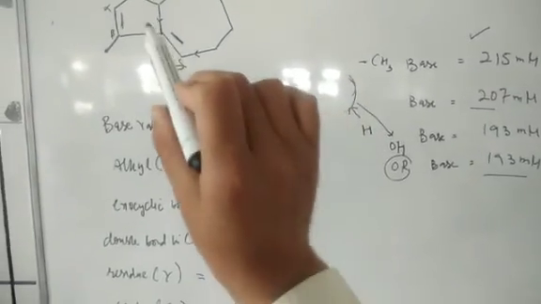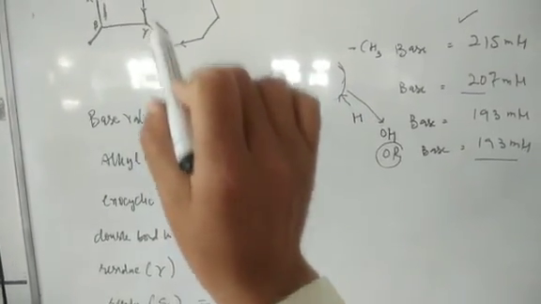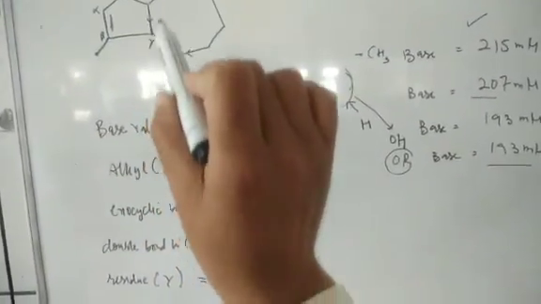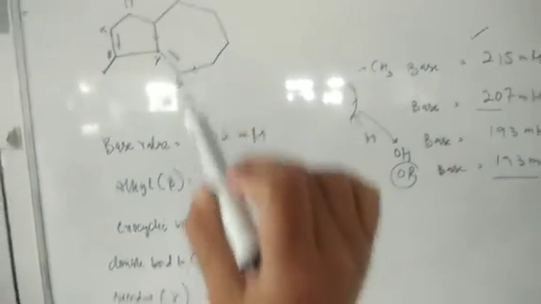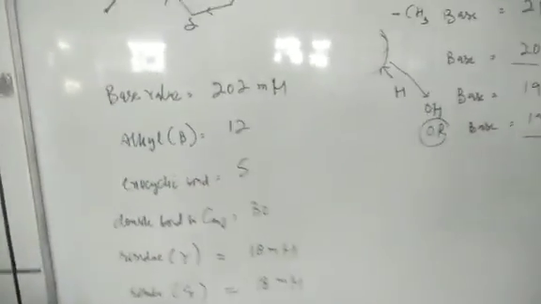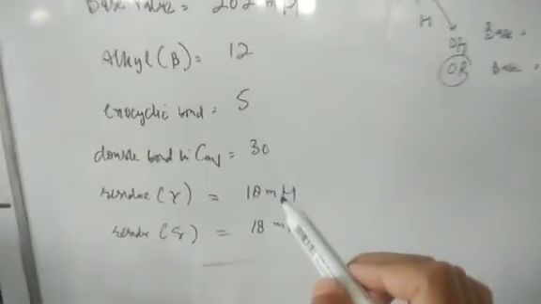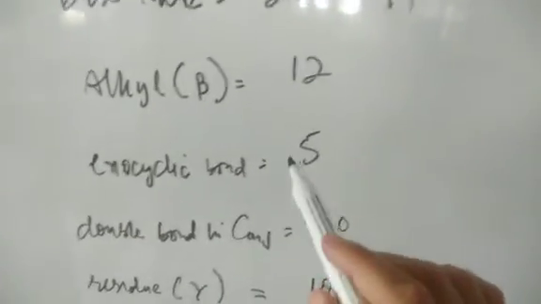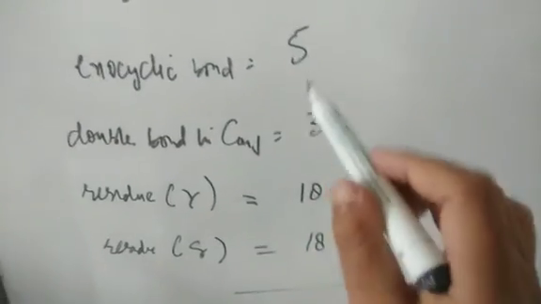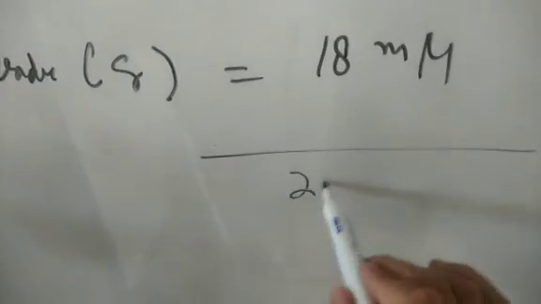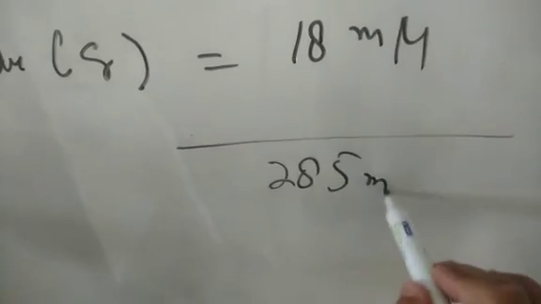Now on the double bond we have the gamma and delta positions, so I have a substituent here, the ring residue, that contributes 18, and at the delta position the contribution is 18. So if we sum these, it will be around 285 millimicrons. So this is the calculated value.